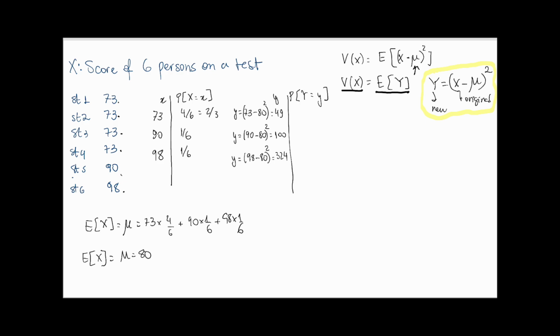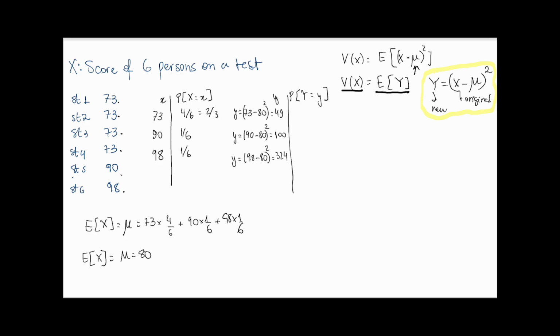Now I want to find the probabilities. What is the probability that my y is equal to 49, 100, and 324? What's the probability of y being equal to 49?